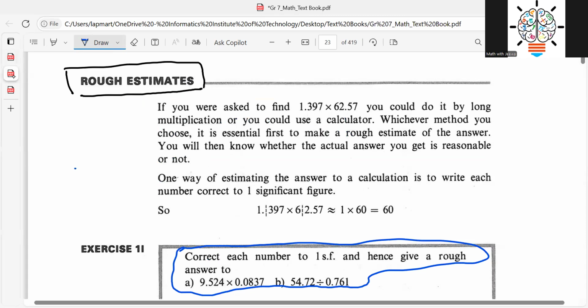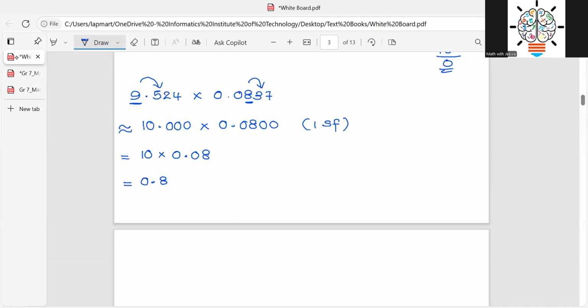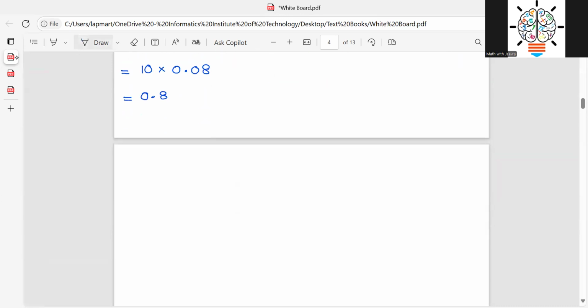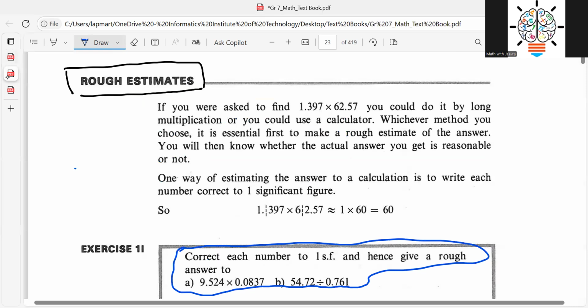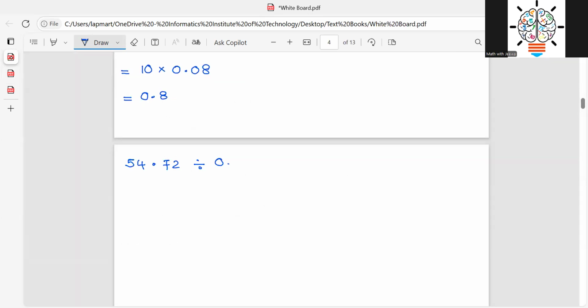And the next one I'll show you, 54.72 divided by 0.761, right? So then 54.72 divided by 0.761.